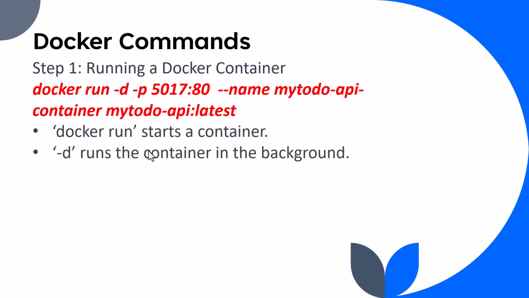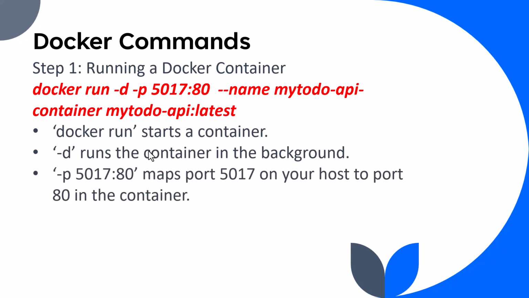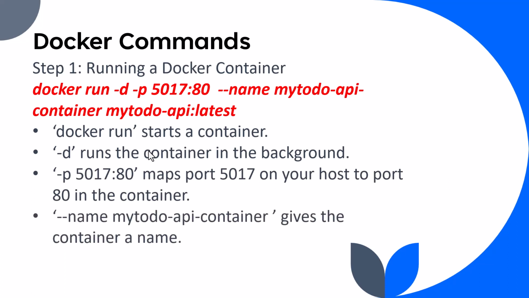So let us quickly review. docker run starts the container, -d runs the container in the background, and this maps port 5017 on your host to port 80 in the container. This --name my-todo-api-container gives the container a name, and my-todo-api:latest is the image to use.